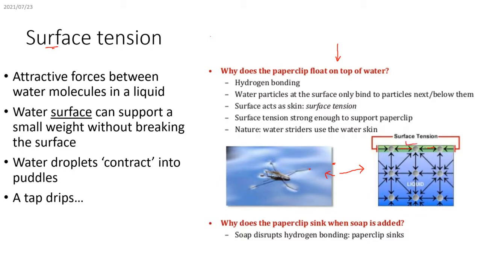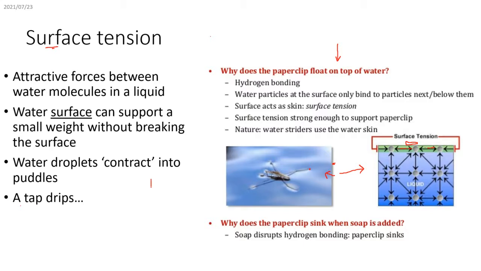So if I put something like an insect on the top, that insect doesn't have enough weight to force itself through the water and break the surface of the liquid. So surface tension is caused by the attraction of water molecules. Again, there's no definition for it, but it's one property that makes water special. Water is our special chemical.